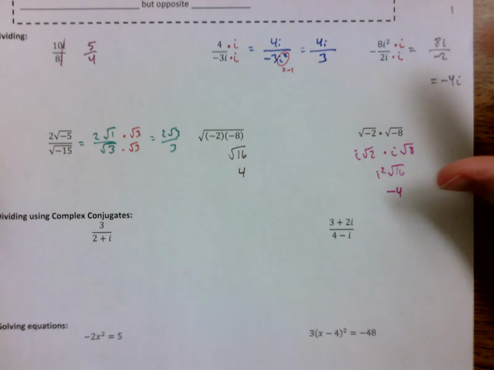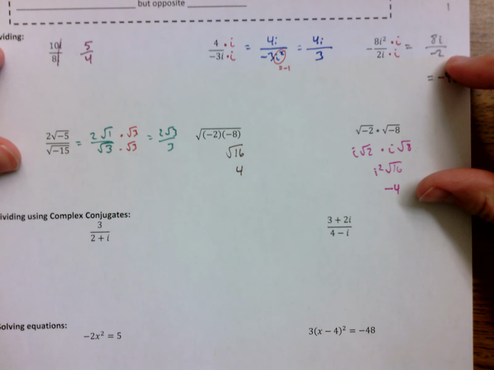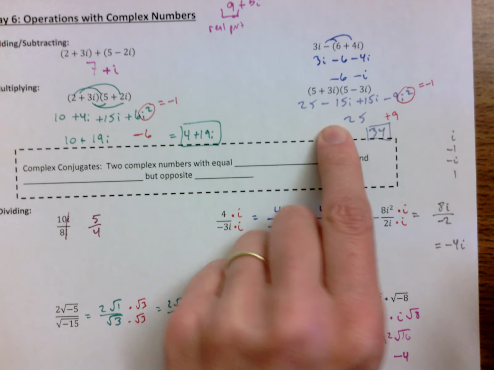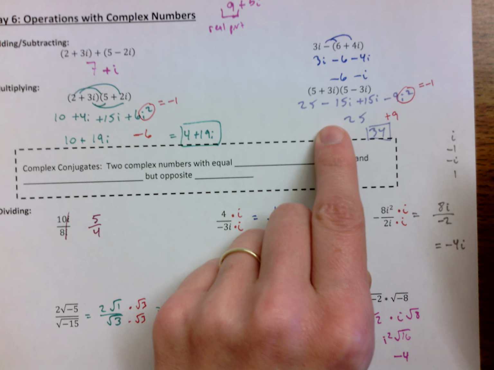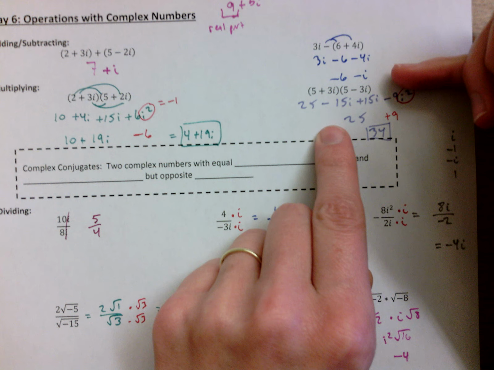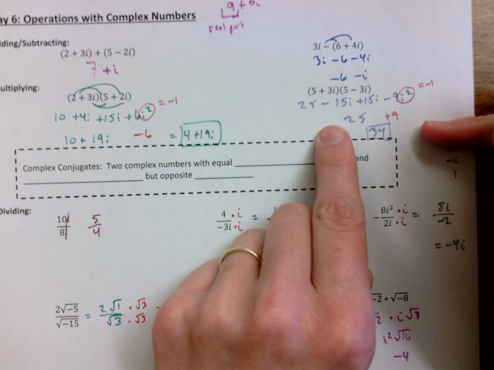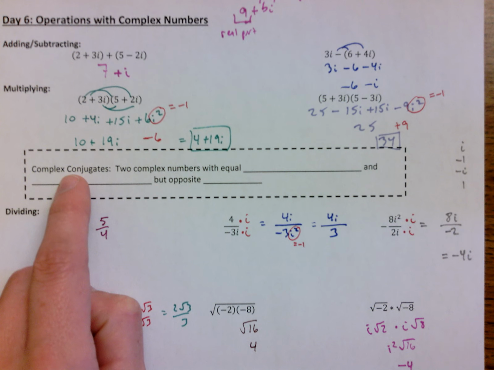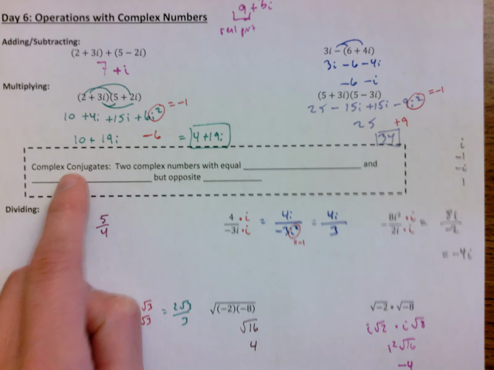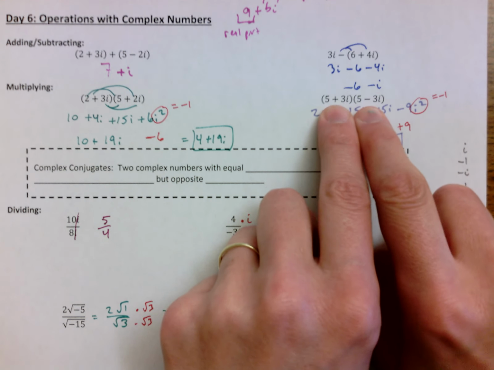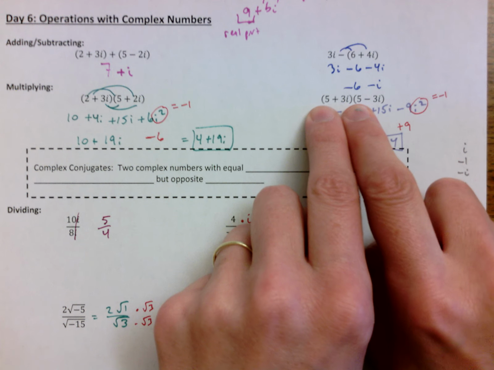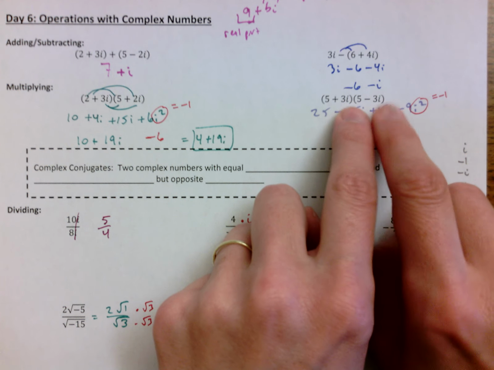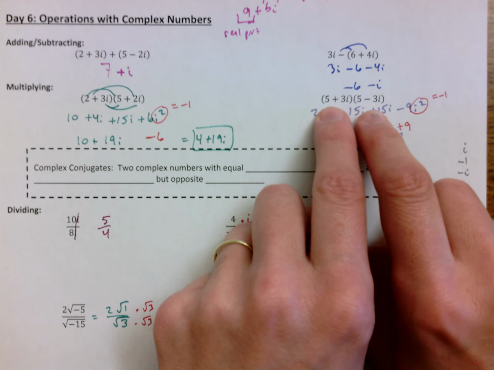Okay, so that's simple dividing. Now we've got this idea of complex conjugates. Let's scroll back up really quick. Remember this problem where we multiplied two imaginary numbers and we ended up with a real number? That is because these are something called complex conjugates. What that means is that they have the same real part and the same imaginary part, but an opposite sign.